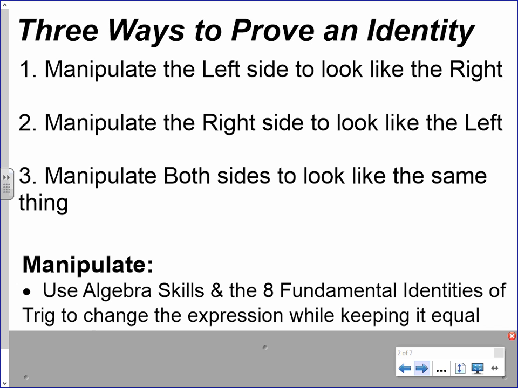Also, algebra skills. We worked a little bit with factoring on Friday. There'll be some factoring that pops up, making common denominators to add expressions together, being able to reduce a fraction. Those are the algebra skills that I'm talking about.